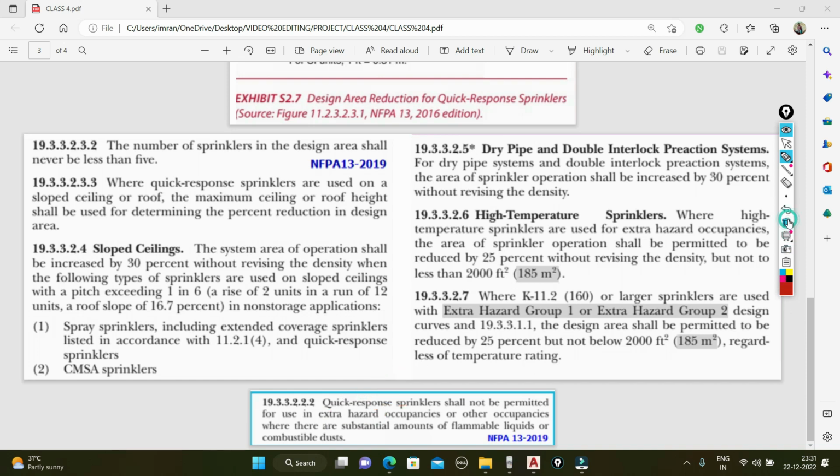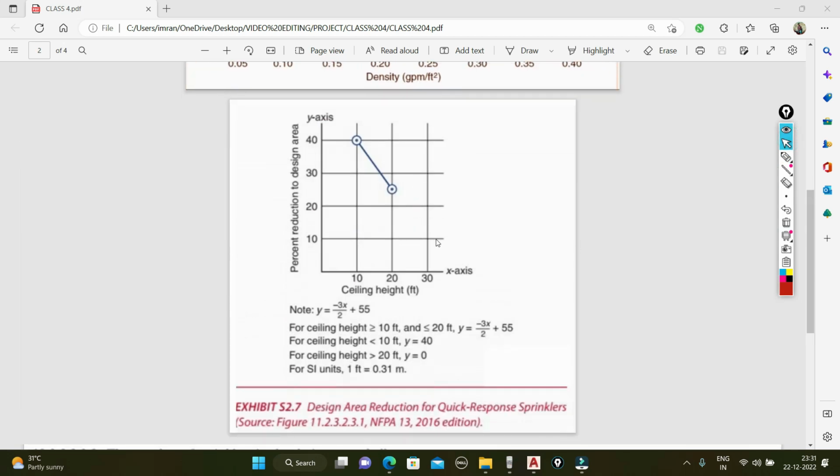Okay, so now we already know how the area of operation varies when we design a firefighting system. If we don't know how the area of operation varies according to the ceiling height, ceiling structure, whether it is slope or more than 20 feet or less than 20 feet in height, and the type of sprinkler we are using, then we cannot design the firefighting system effectively and up to the mark.